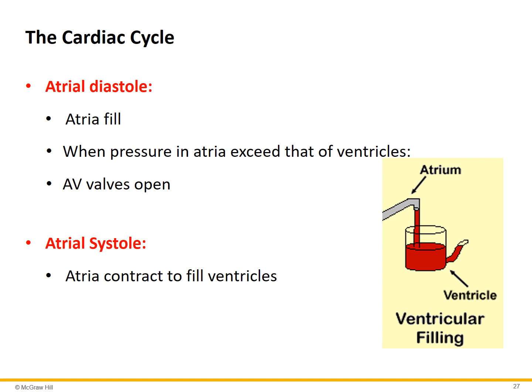It's not working as a syncytium. You're still going to have blood going into the ventricles. However, ventricular fibrillation is life-threatening. That's where someone is defibbed, shocked to try to have a unified signal reaching the myocardium of the ventricles.